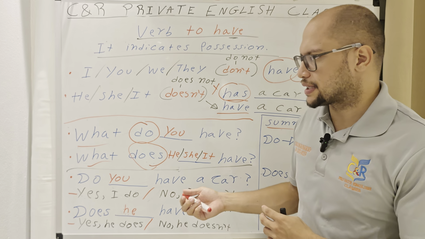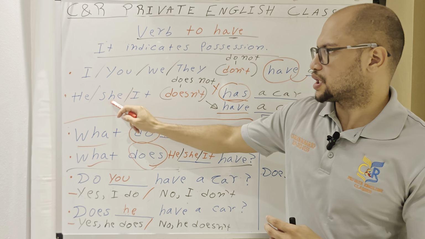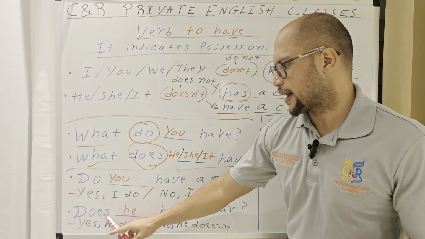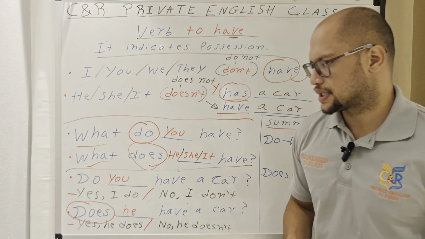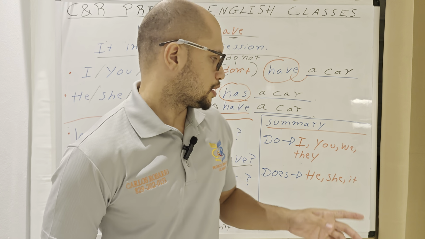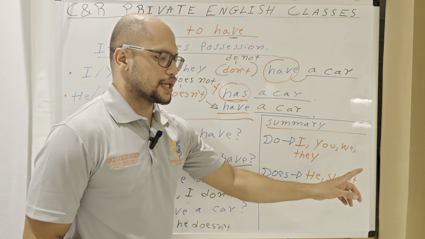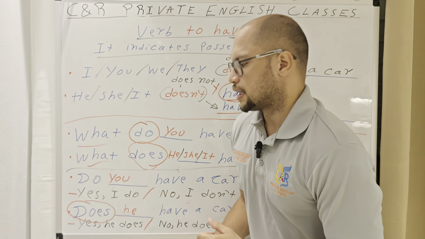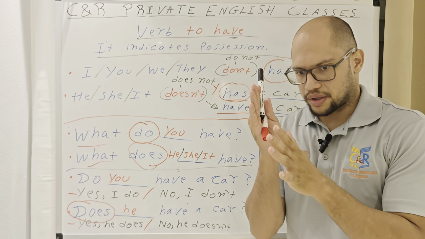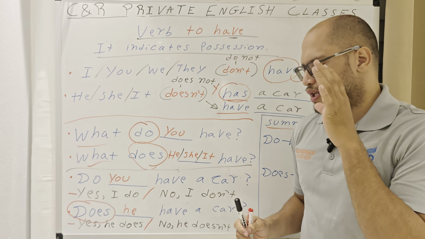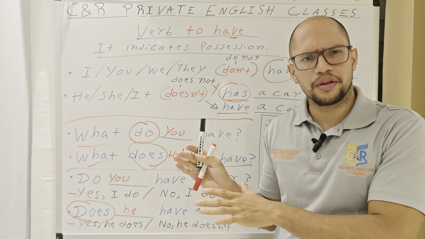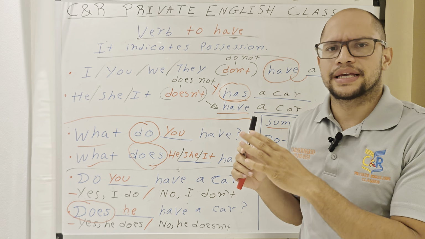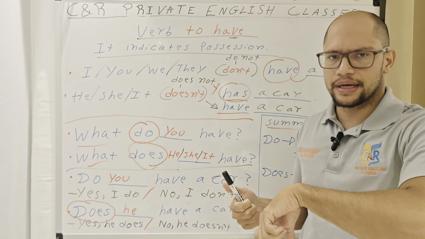In the case that you are using he, she, or it, here we have to use does. Remember, does for he, she, it. Direct question, yes, no question. Does he have a car? Does your brother have a car? Yes, he does. No, he doesn't.